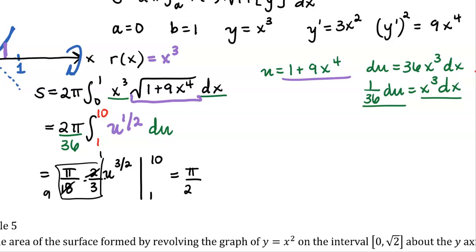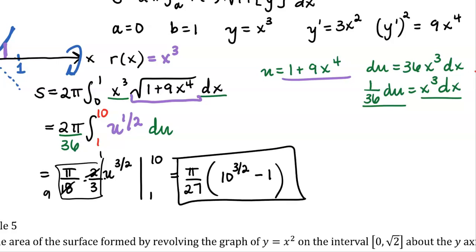We have pi over 27 multiplied by 10 to the 3/2, applying the fundamental theorem of calculus, minus 1 to the 3/2. 1 to the 3/2 is just 1, so we don't have to put that 1 there. So this is our exact answer for that surface area, which is approximately 3.563.